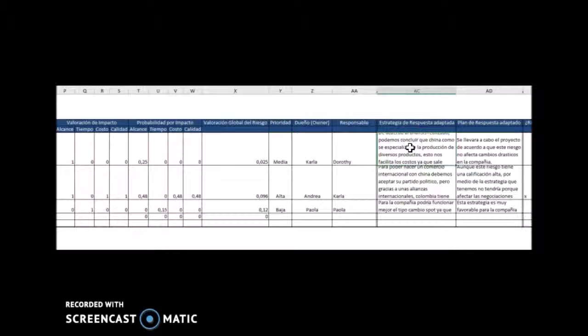As a strategy, we can conclude that as China specializes in the production of different products, it will make the costs easier for us, because it's better for us to design the product there in China than produce it here in Colombia, so that we can have more competitive prices in the market. And as a plan, we're going to take the project there in China, as these risks won't affect the company drastically.